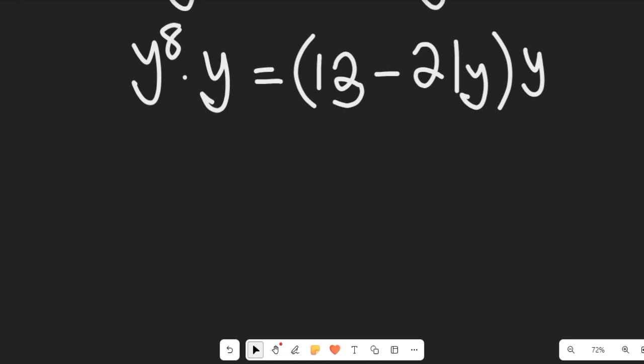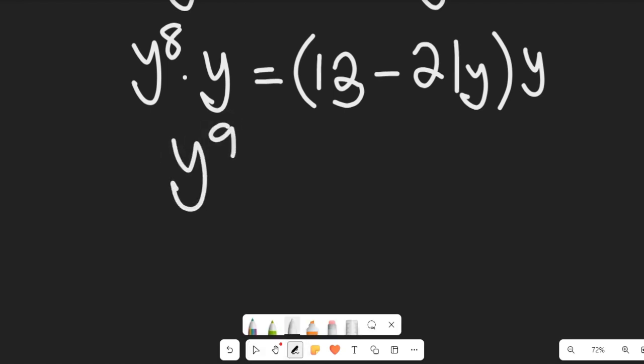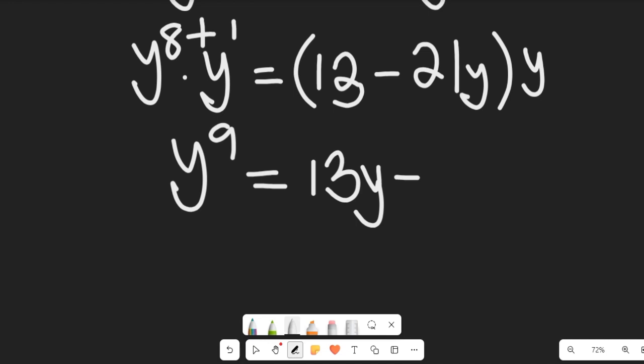Remember, you are asked to simplify the expression to the power of 9. And this expression will now give us y to the power of 9 because we have y to the power of 1 here. According to the law of indices, this will add to this, right? And this will be equal to 13y minus 21y squared.